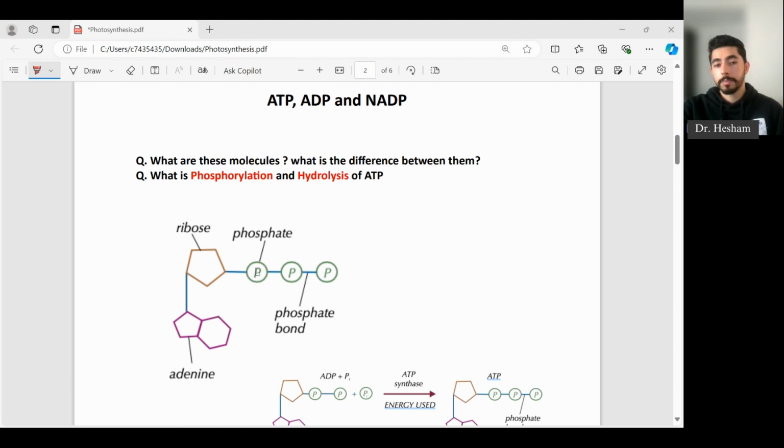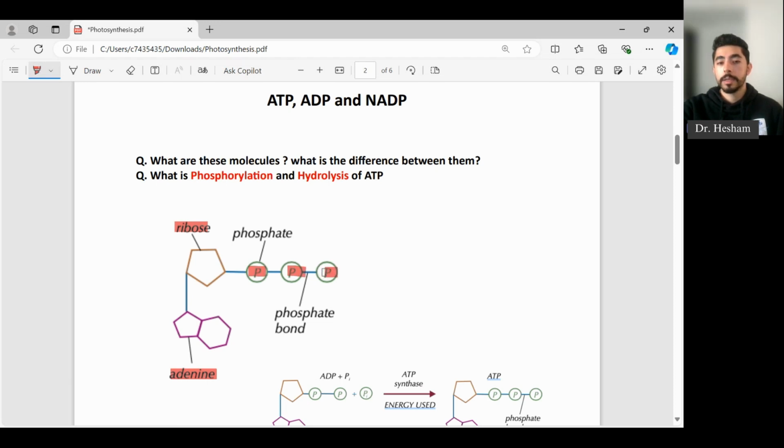The difference between ATP and a nucleotide of DNA is that ATP has 3 phosphate groups. So it has a sugar molecule, adenine, a nitrogenous base, and 3 phosphate molecules.